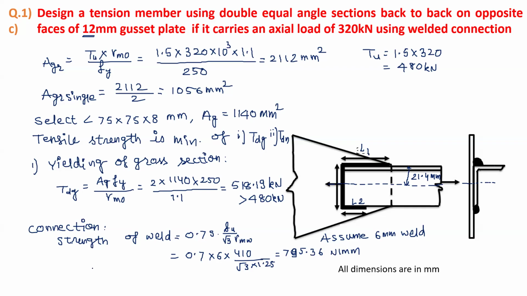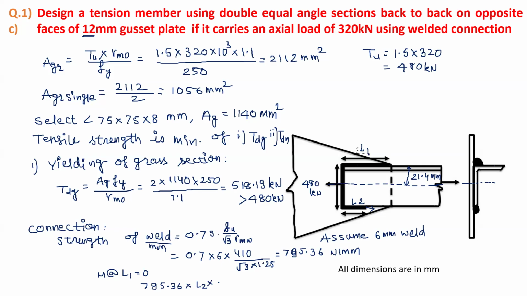And now we can take moment about L2, L1. Moment about L1 equal to 0. Then we have this force, 480 kilonewtons. So moment about L1 means we have to take moment about L1 due to this force. So this value we have 795.36 into L2. This is the strength of weld per millimeter, multiplied by the moment arm.